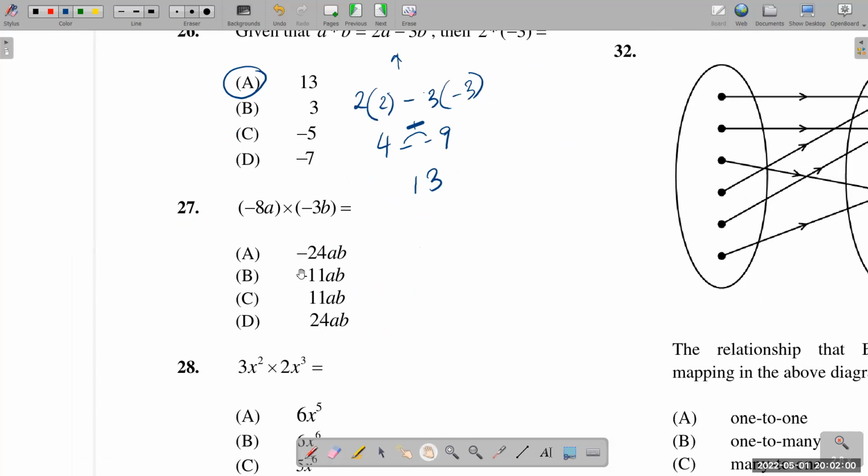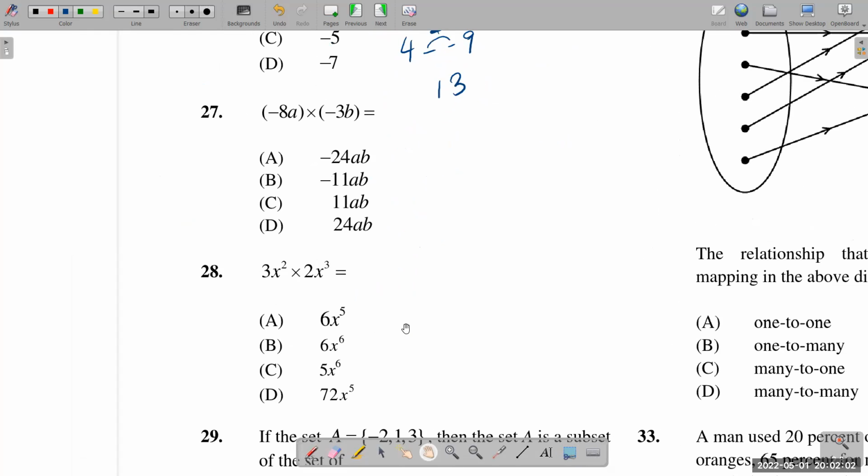I need everybody to tell me the answer for 27, please. What's the answer for 27? Excellent. A negative and a negative is a positive. So we know 8 times 3 is 24. A times B is AB. Let's go again. 28.